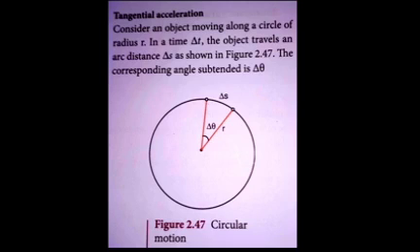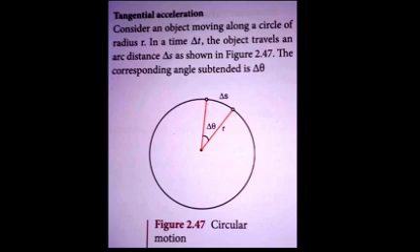Now consider an object moving in a circle of radius r, moving in time del t. The arc, that is the displacement, is represented as del s, and the change in angle is represented as del theta. These are the diagram descriptions of tangential acceleration.